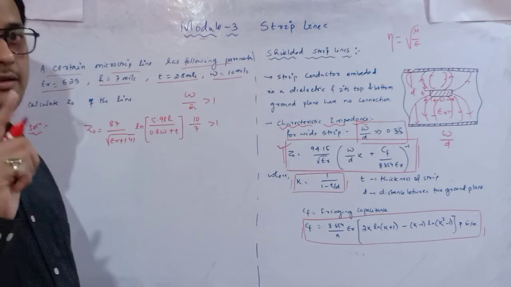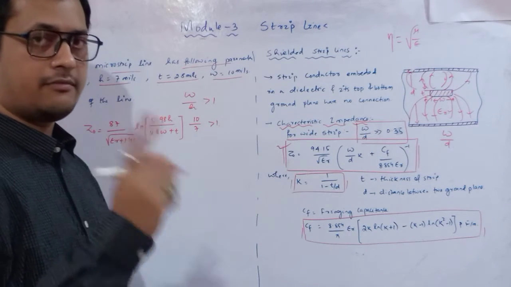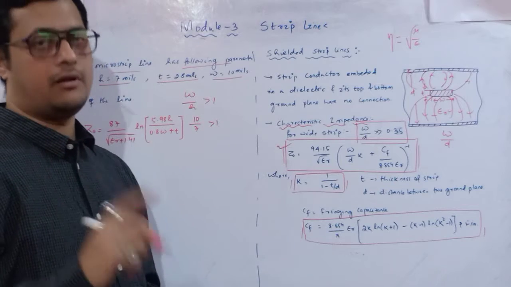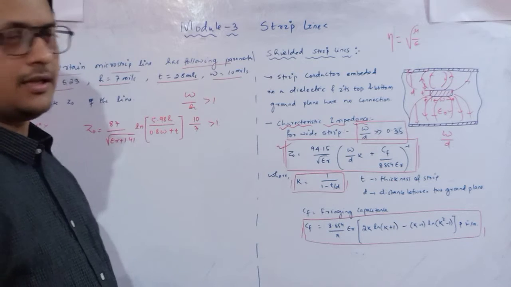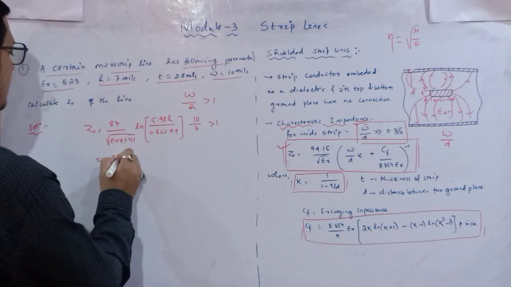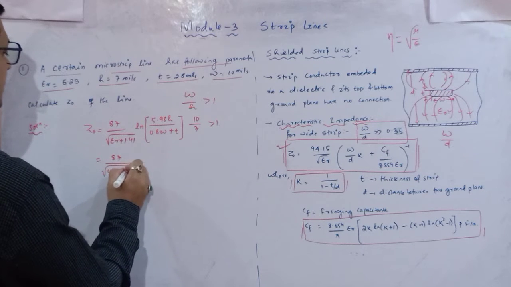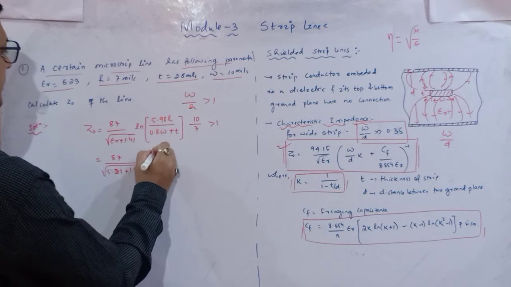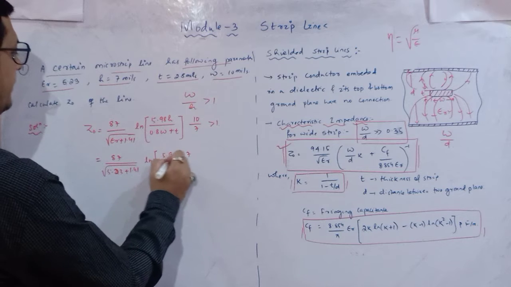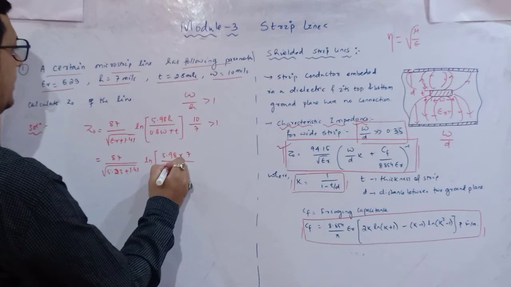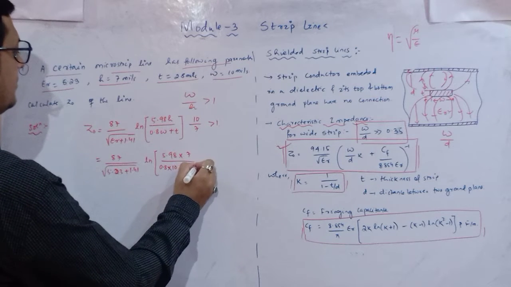For W by H ratio greater than 1, we have seen case 1, case 2, case 3. If W by H ratio is greater than 1, what will happen? If it is less than 1, what will happen? Since here W by H ratio is greater than 1, we are using this particular relation. So in place of epsilon r, you can substitute 5.23 plus 1.41, then ln of 5.98 times h, where h is 7 millimeter, divided by 0.8 into w, w is 10, plus t, the thickness, that is 2.8.